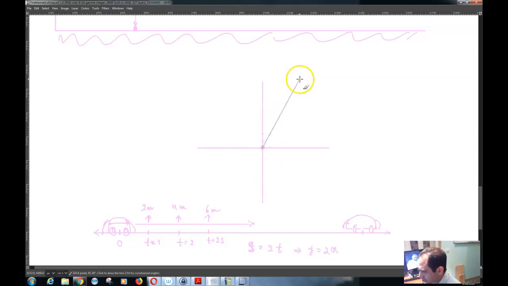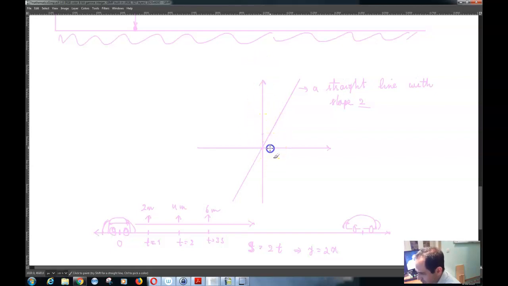That would be this line over here, a straight line with slope 2. So what this slope specifies is the coefficient by which time has to be multiplied at any point in time to get to the position of the car.